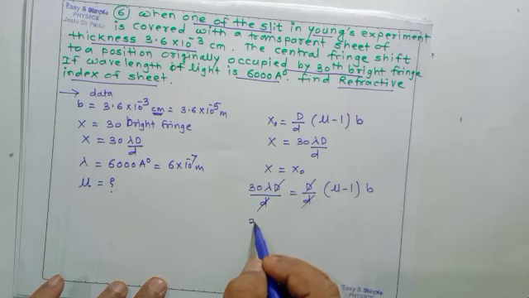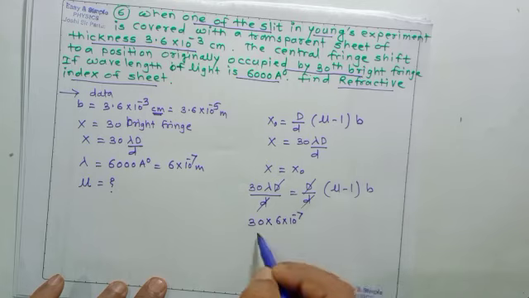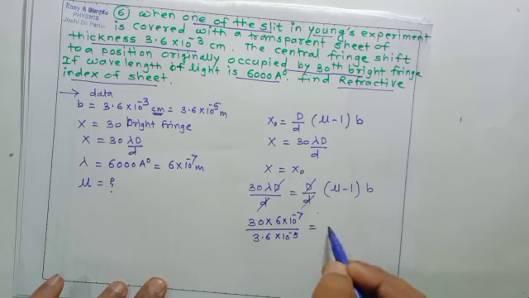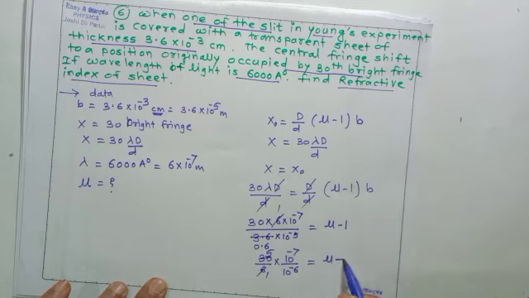So here, 30 multiplied by 6 × 10^-7 divided by 3.6 × 10^-5, that is mu minus 1. Here 6 1 the 6, 6 6 the 36. So it is 30 upon 6 × 10^-7 upon 10^-6, because 10^-1 is given. 1 5, it will be mu minus 1.